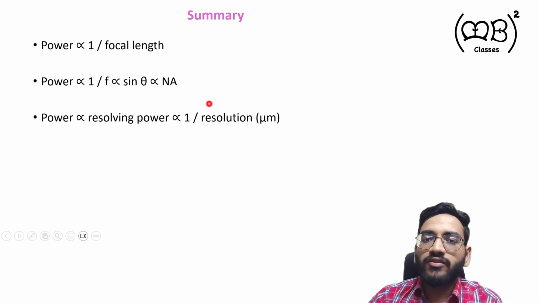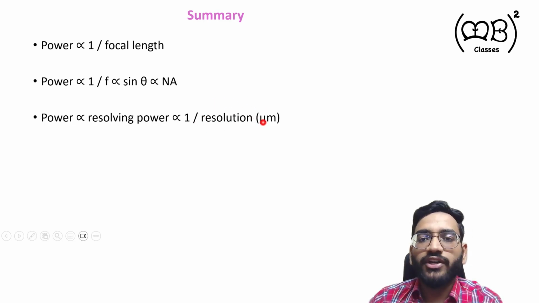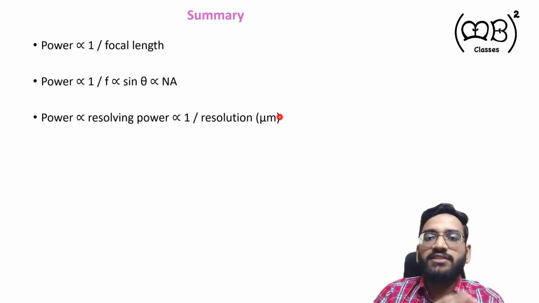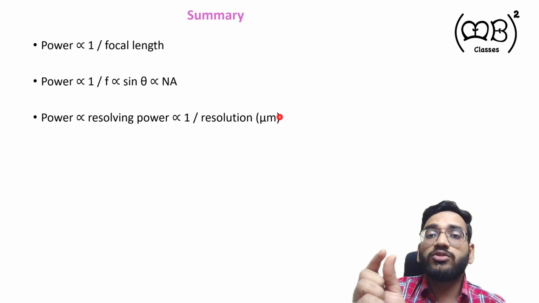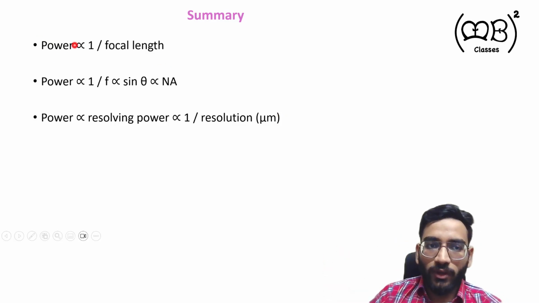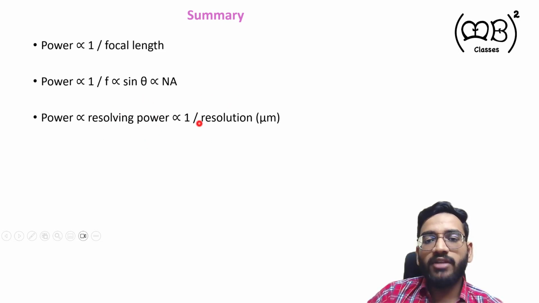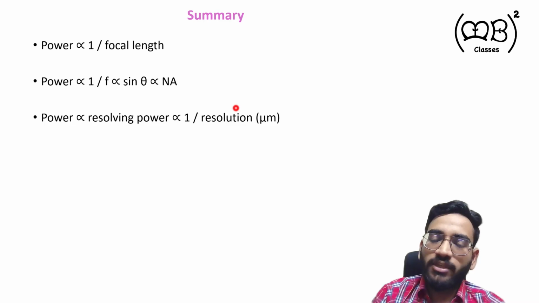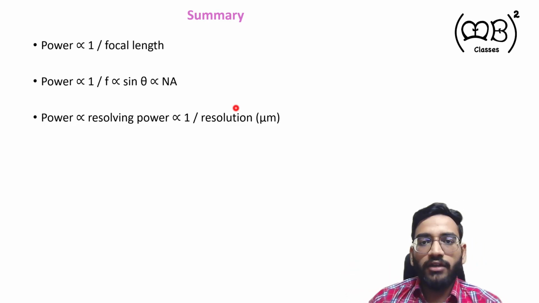But the limit of resolution is inversely proportional, because it is the minimum distance, in micrometers. If the objective has more resolving power, it can resolve two objects which are closer to each other, so the limit of resolution would be less. You understand this? Okay. So a 100x objective will have more power, less focal length, more numerical aperture, more resolving power, but the limit of resolution, the minimum distance between two objects which can be separated, would be less. Okay, understood?